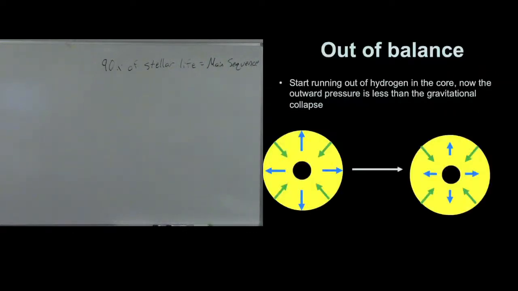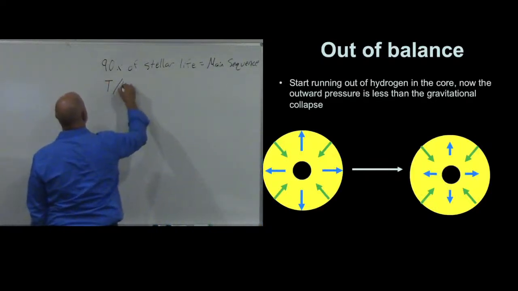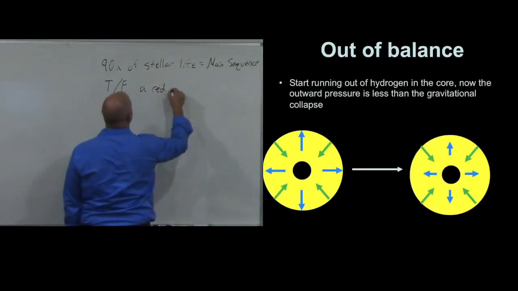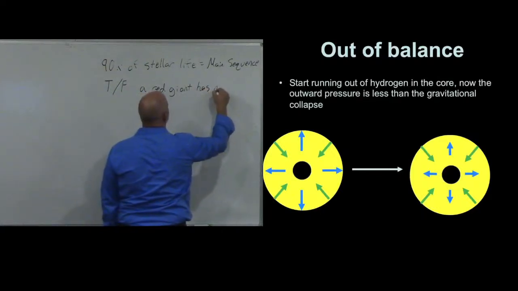So what's happening on the inside of a star? When the hydrogen is completely converted into helium in the core, then you've got less gas pressure pushing out. And that's depicted in this diagram, where we have a balance between forces on the left. That's the main sequence star, where gas pressure, the arrows pointing outward, is balanced with gravitational pressure, the arrows pointing inward.